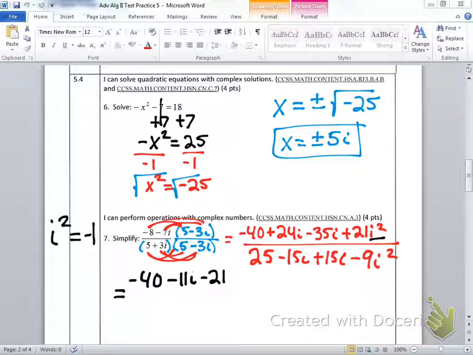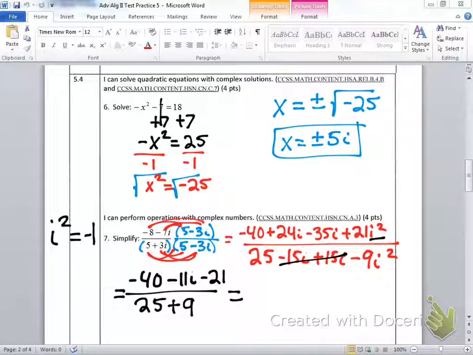All right, on the bottom, I have 25. The negative 15i plus 15i, that's gone. So plus 0. And then negative 9 times negative 1 because i squared is negative 1. So that's going to be plus 9. And then what do you do?